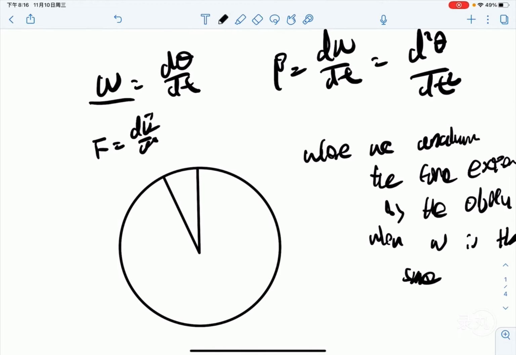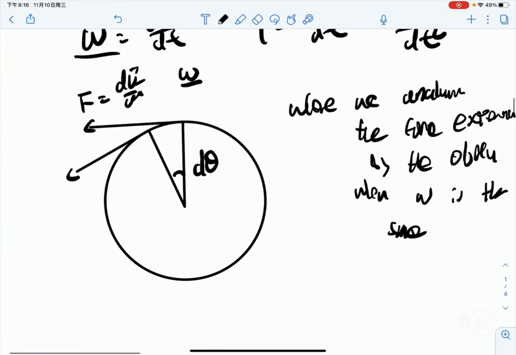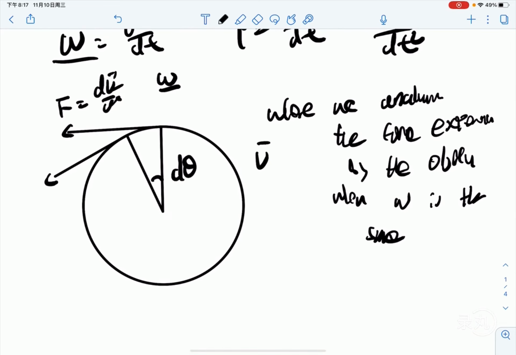So if we draw the diagram over here, and d theta. We know that because W is constant, the magnitude of the velocity is also constant.